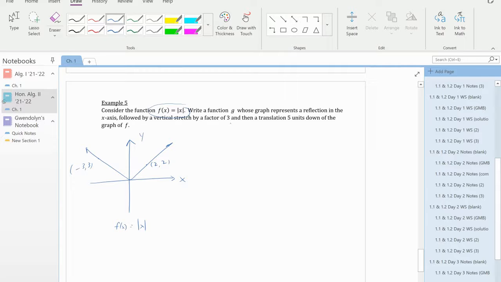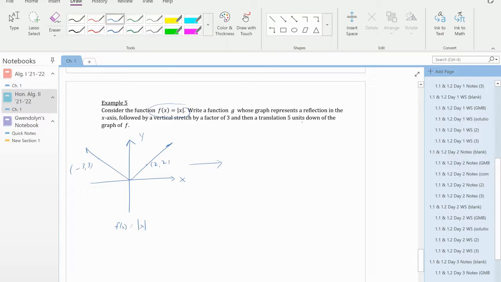First, write a function g whose graph represents, well, I said first because I kind of remembered what I typed up a couple days ago. Write a function g whose graph represents a reflection over the x-axis, followed by a vertical stretch by a factor of 3, followed by a translation 5 units down. So it's like we're just going to do this in order.